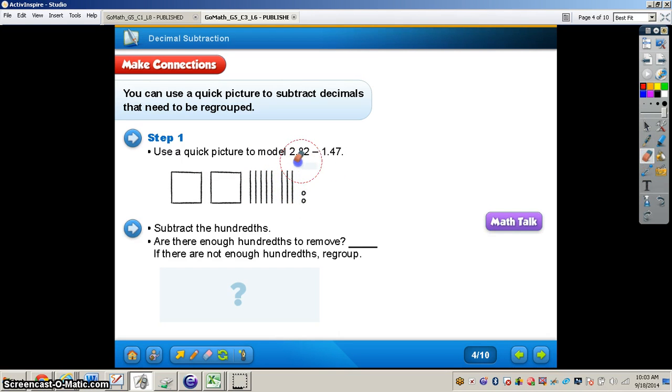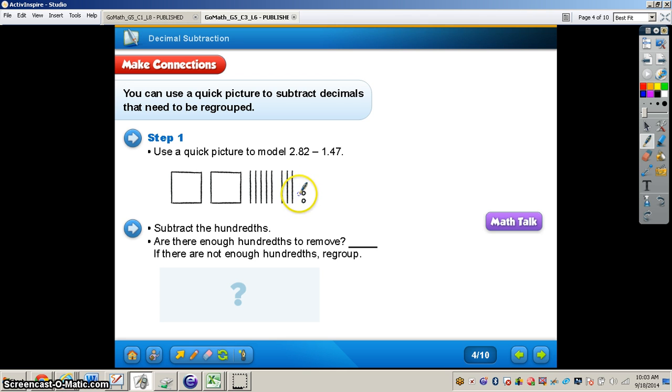Now we need to take 1 and 47 hundredths away from the 2 and 82 hundredths. The first thing we would need to do is take 7 hundredths away. Obviously 7 hundredths cannot be taken away from 2 hundredths.